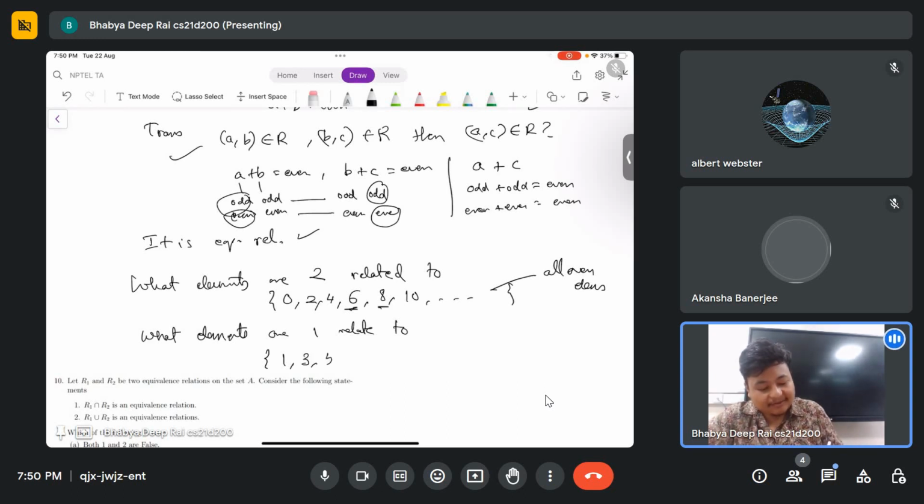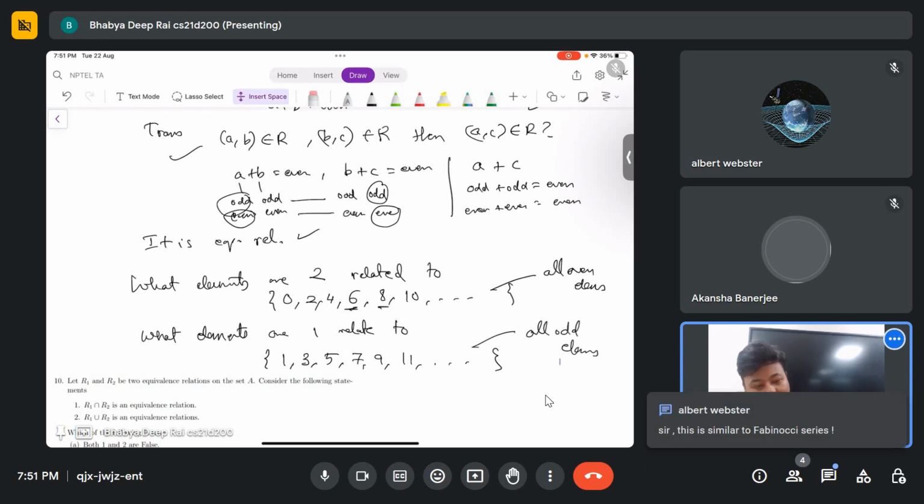If I add 5, 7, 9, 11, and so on, you realize that whatever it's related to is inside the set itself. For example, 7 plus 5 is even. So these are all odd elements.